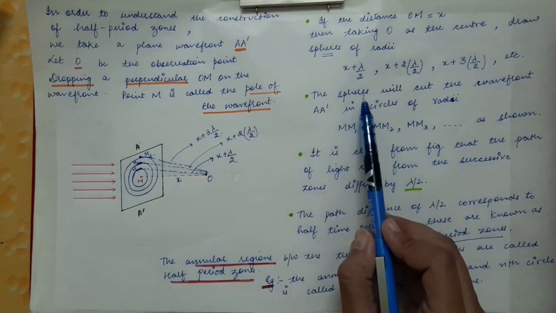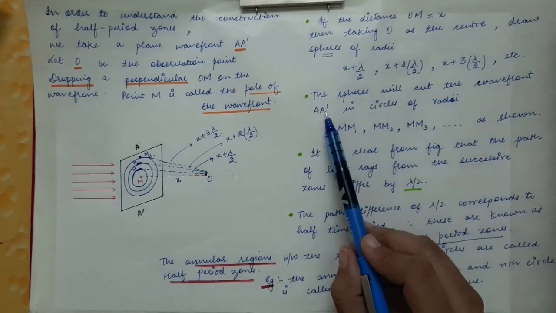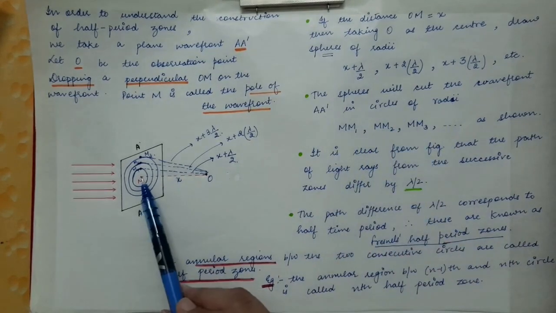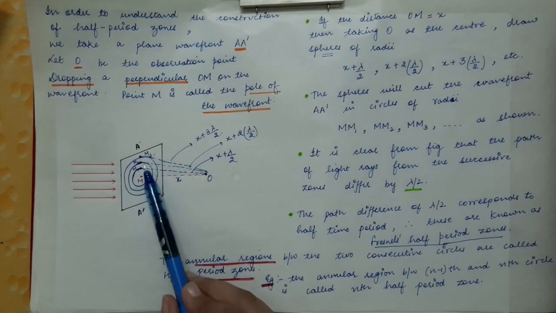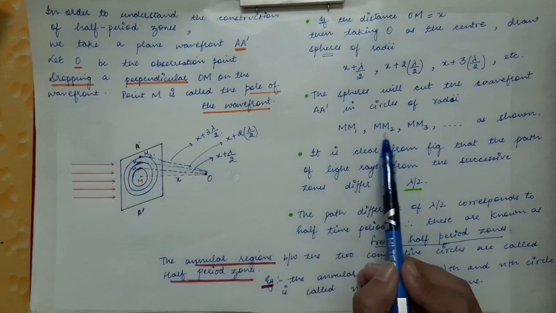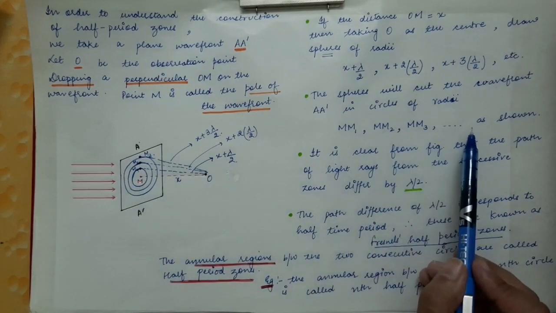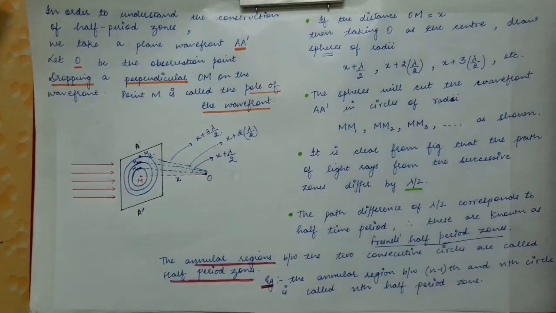So the first circle will have a radius of mm1, the second circle a radius of mm2, the third circle a radius of mm3, and so on. The nth circle will have a radius of mmn.